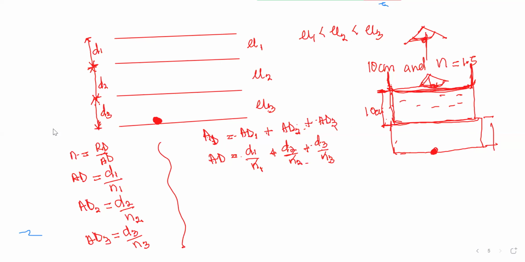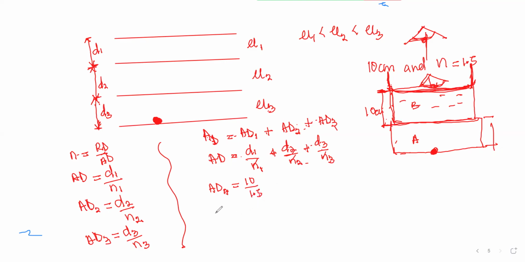So the first question asks that we find the apparent position of the object when viewed from above. You pick it material by material. Supposing this is A and then B, the apparent depth of A will be equal to the real depth 10 divided by the refractive index of A, which is 1.5.